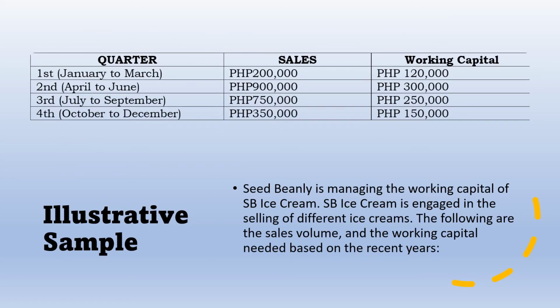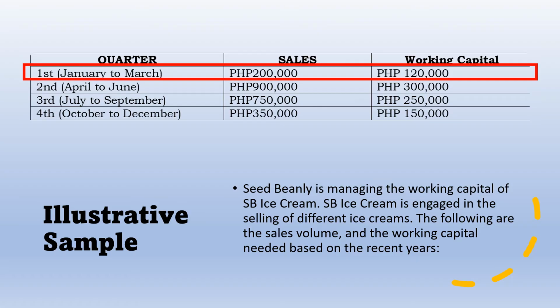Let us read the illustrative sample for us to understand the types of working capital. Seth Bentley is managing the working capital of SB Ice Cream. SB Ice Cream is engaged in selling of different ice cream flavors. The following are the sales volume and the working capital needed based on the recent years.